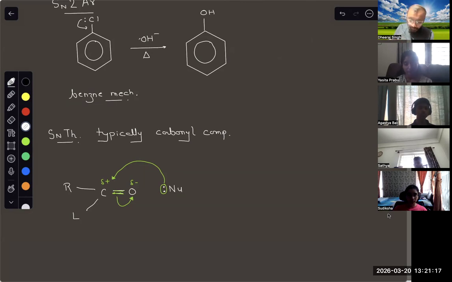So the nucleophile will attack the carbon, and then what will happen? It will suddenly have 4 bonds, as in it will have the tetrahedral nature. This is the nucleophile, this is L. Now this negative charge will again come and form a pi bond, and this leaving group leaves.